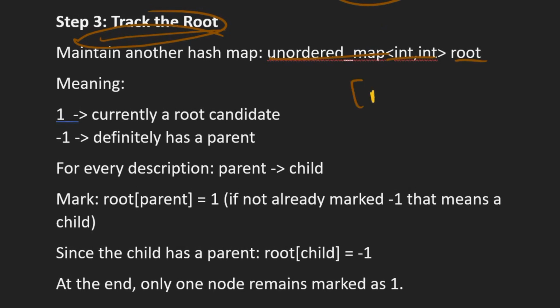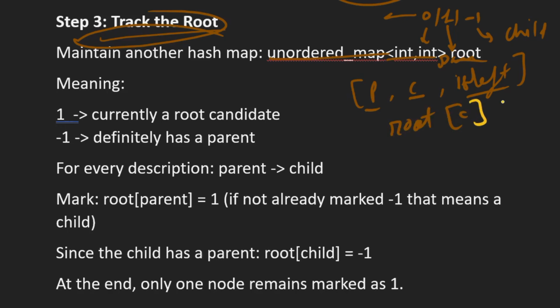Whenever you get a parent, child and isLeft, the value here is either 0, 1 or -1. 0 means the node is coming for the first time. 1 means the node doesn't have any parent. -1 means the node is a child node. So when we get a parent, child and isLeft, we make root of child as -1.